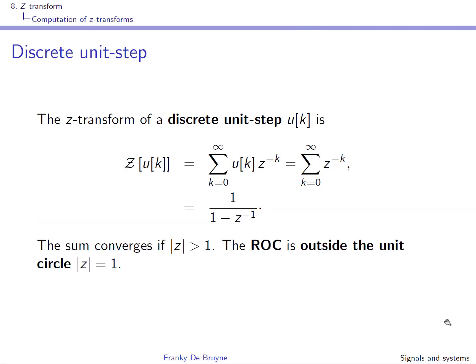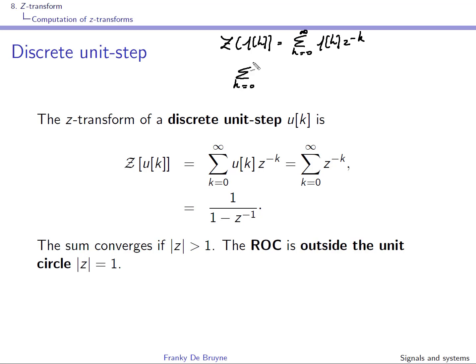Well, the next function is the unit step. Remember that the definition of the Z transform is the following one. And what we will need over here is this geometrical series.